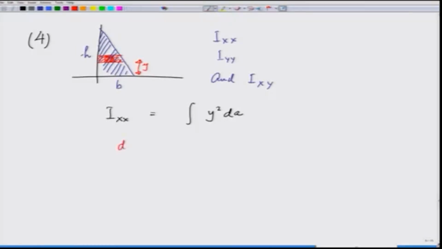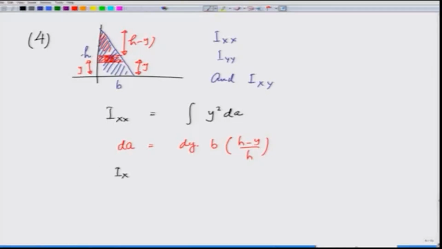Now, dA for this entire strip is going to be dy times its width, and the width at height y is going to be b times h minus y over h by similarity of triangles, because this height is y, this height therefore becomes h minus y, and this triangle is similar to the entire triangle.